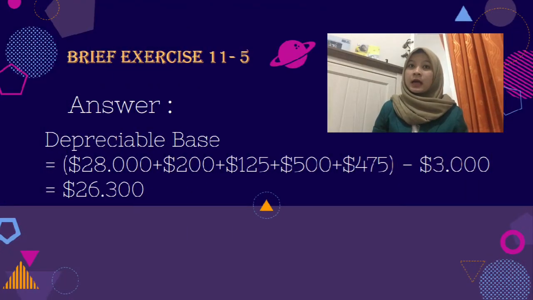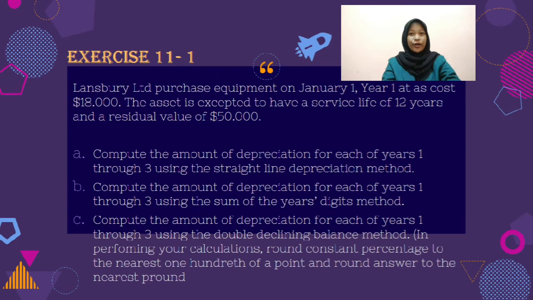And my answer, depreciable base is $28,000 plus $200 plus $125 plus $500 plus $475 minus $3,000. And the result is $26,300.